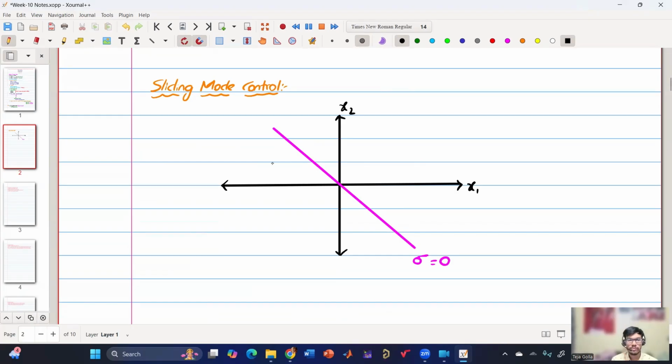Now, because of the switching, we have two regions. One is the on state and one is the off state. The on state dynamics are different and the off state dynamics are different.